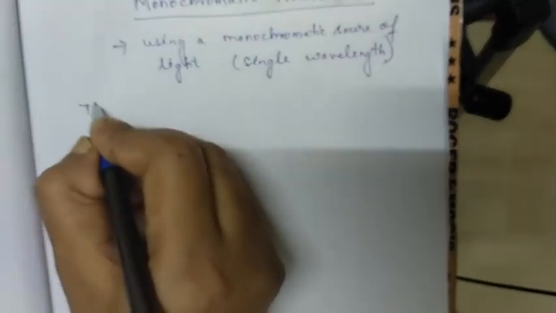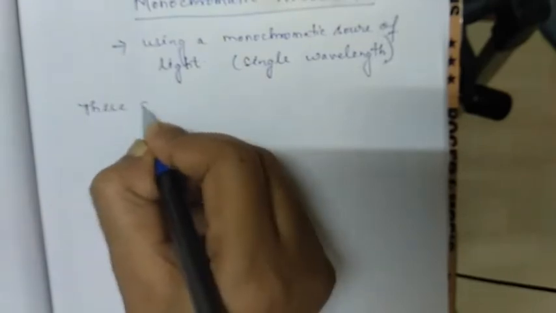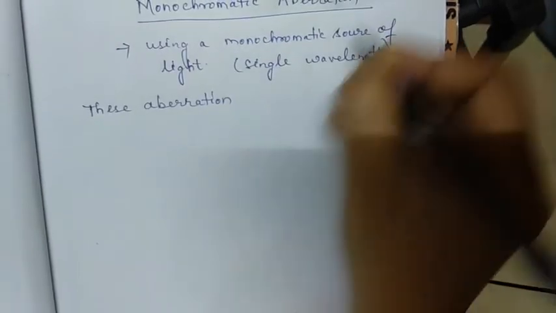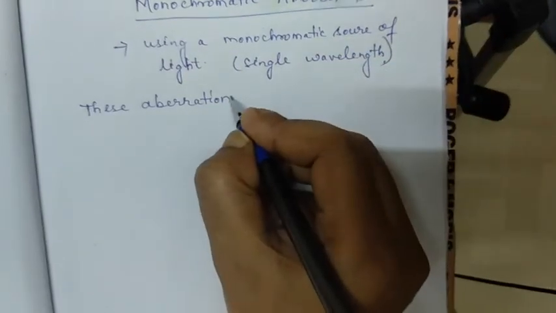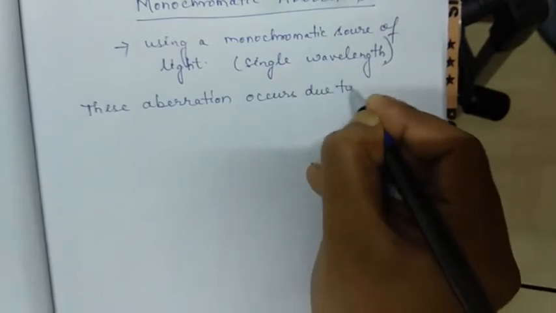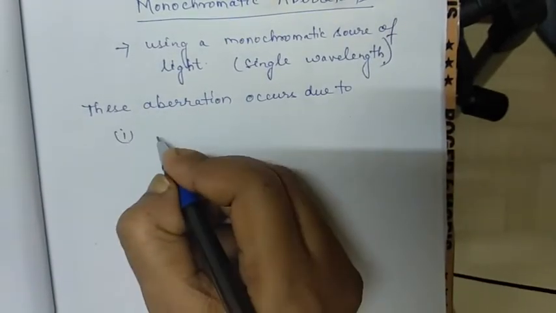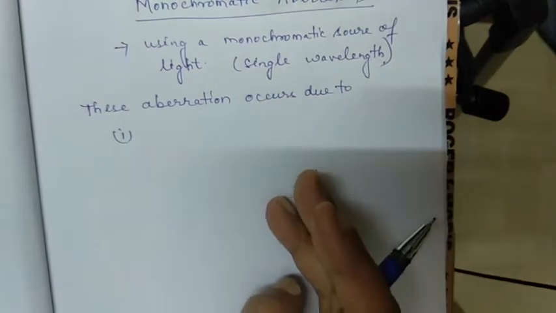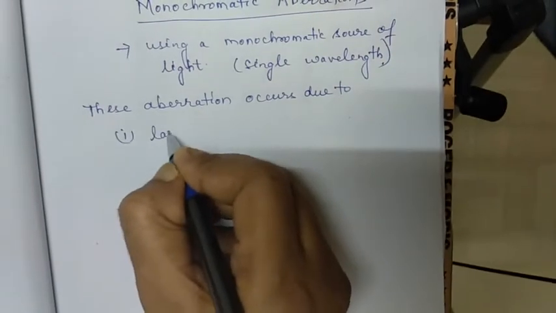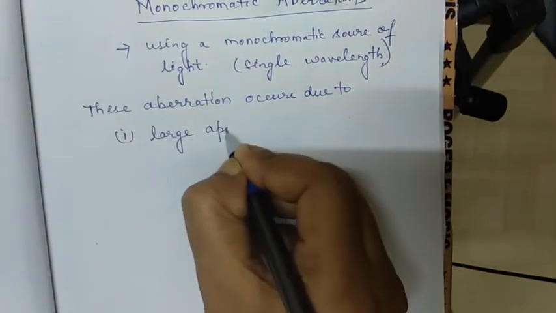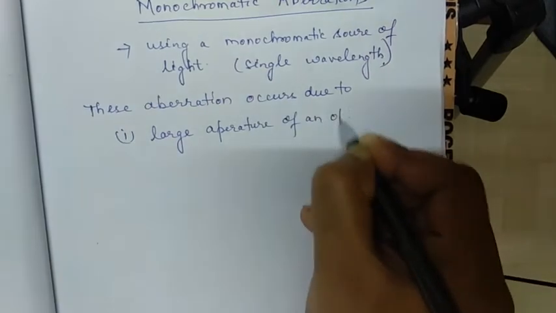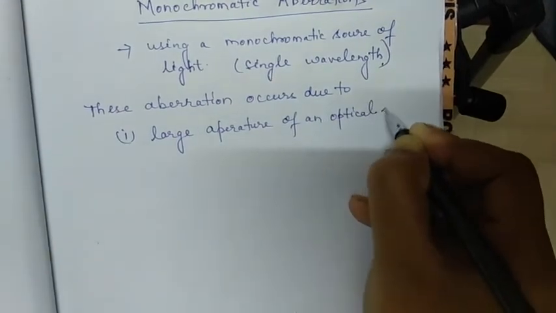So this aberration occurs due to, number one, large aperture. If you are considering a large aperture of an optical system.